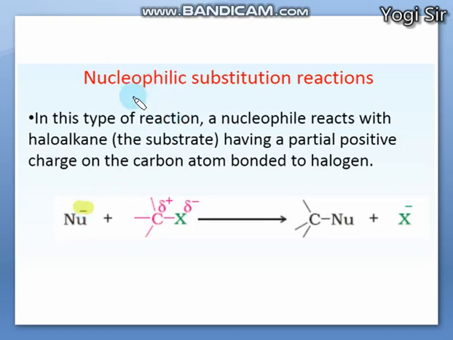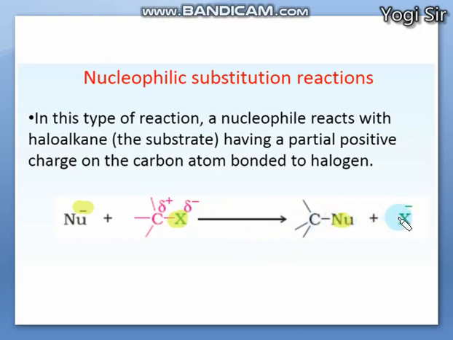So they substitute the halogen atom in haloalkane, so it is named nucleophilic substitution reaction, or you can also name it substitution by nucleophile, right? This nucleophile will displace or substitute this halogen, and it will bind with the carbon atom, right?